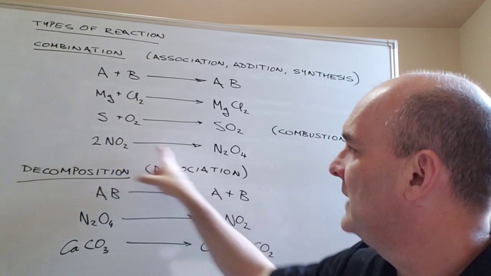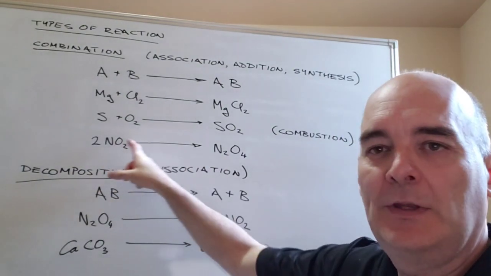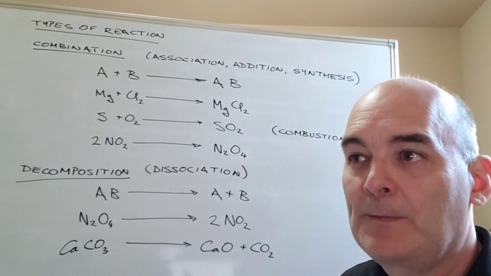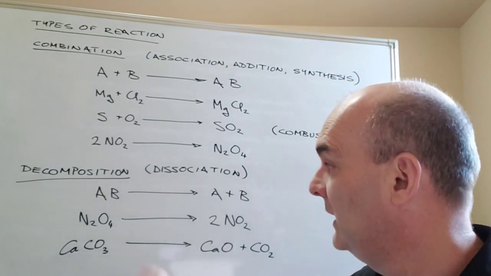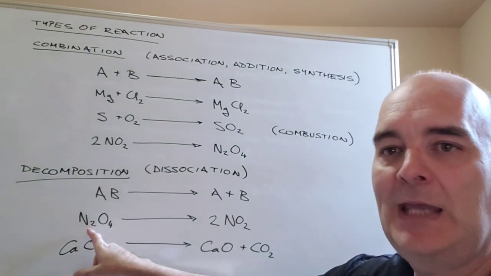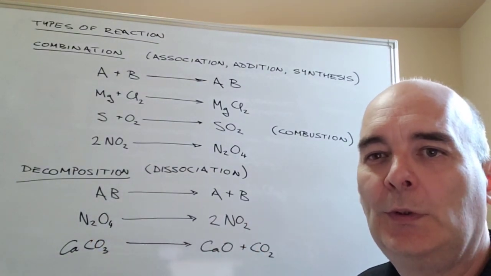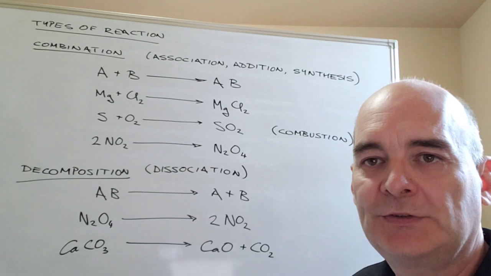And it turns out that the reaction that we just looked at, the nitrogen dioxide to dinitrogen tetroxide reaction, is completely reversible. And if we change the conditions, I can take N2O4 and separate it back into two completely separate molecules of NO2.